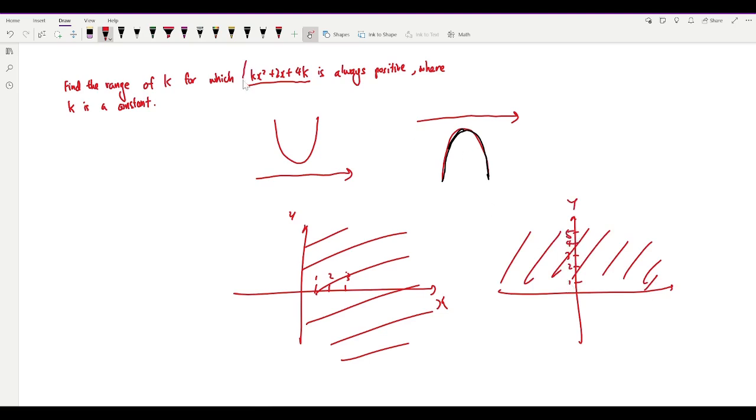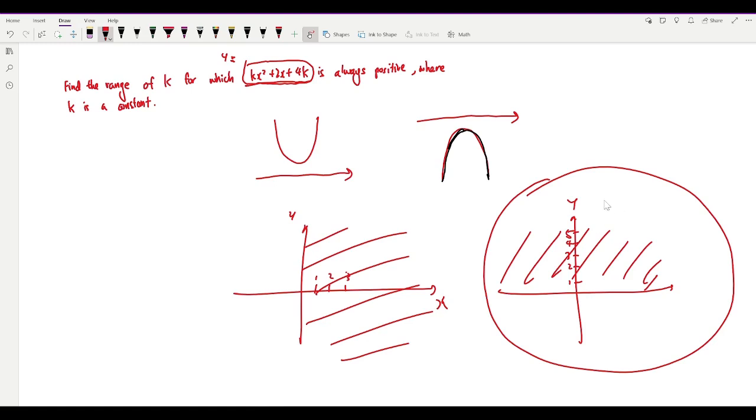This whole equation equals y. Normally when you have an equation, it's y equals this whole expression. So when you sub different values of x in, the result will be your different values of y. So they are saying find the range of k for which y is positive. Therefore, you want your graph to be positive in the vertical axis. That means everything above the x-axis, right?